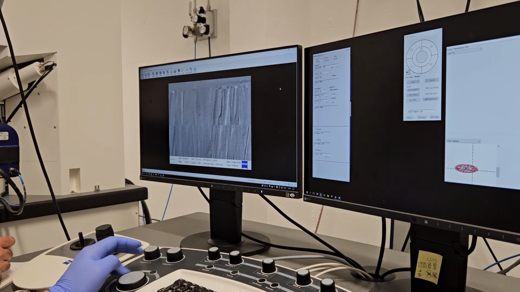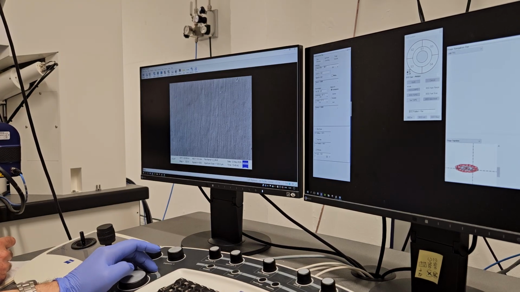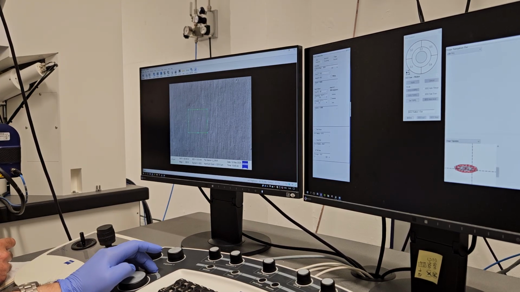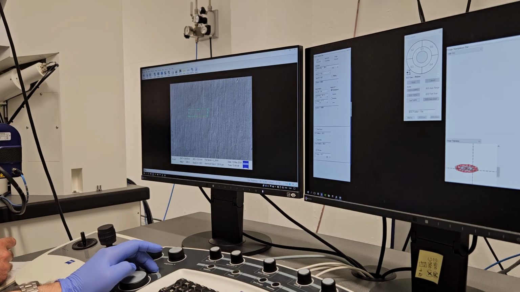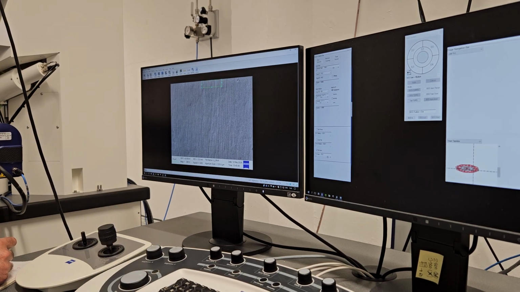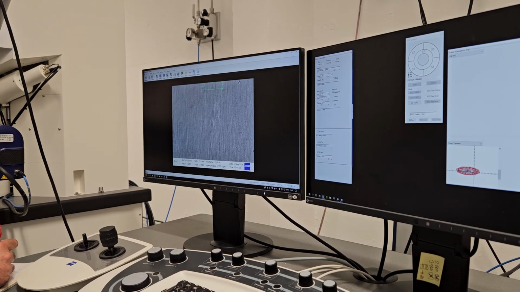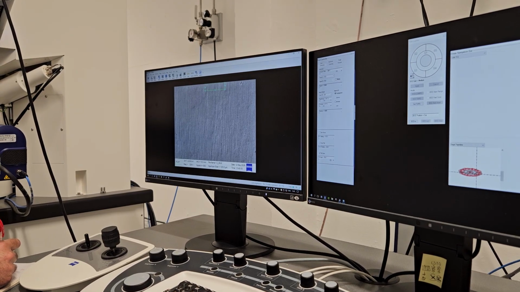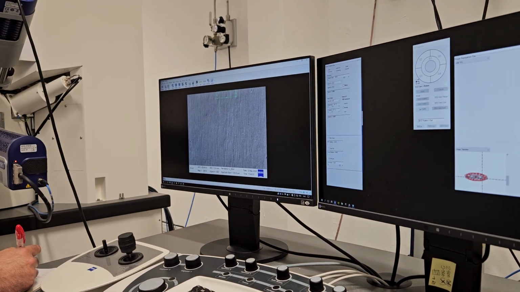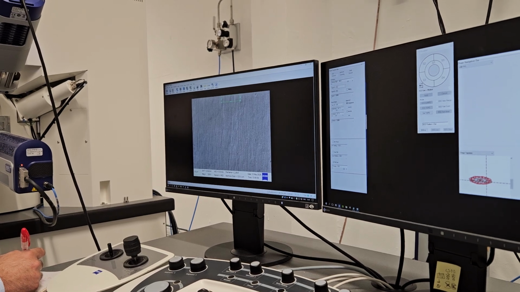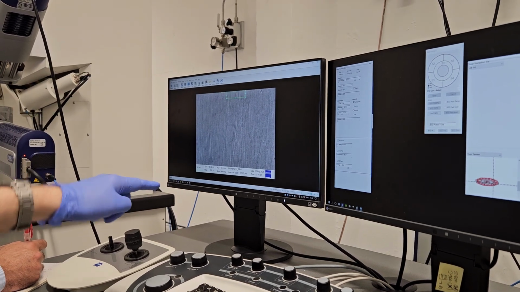And we can also check the focus at the top and bottom. When you tilt the sample, there can be some defocusing at the top and bottom because the physical distance of these edges from the pole piece is different. This part is closer, this part is further away.